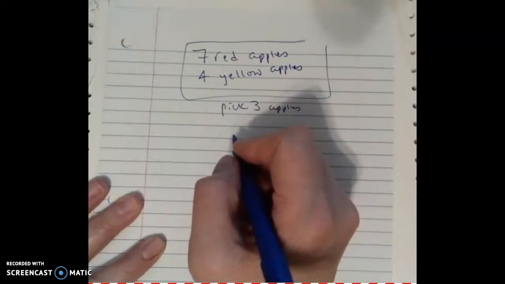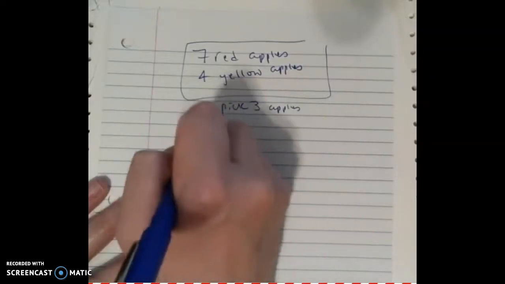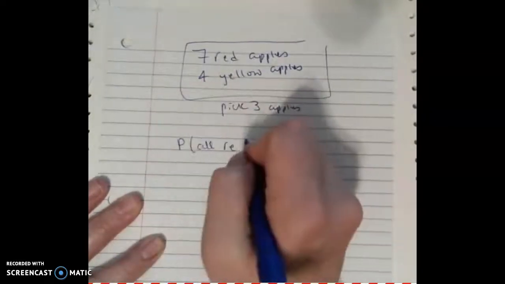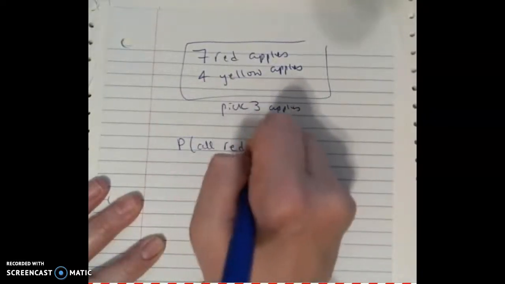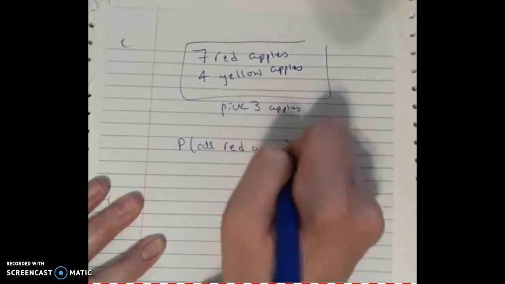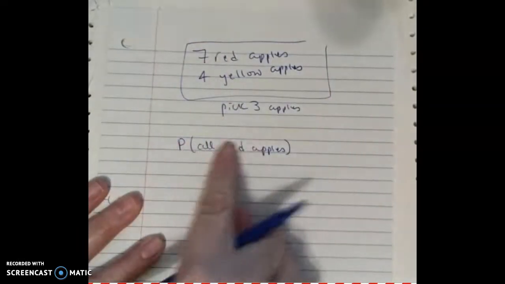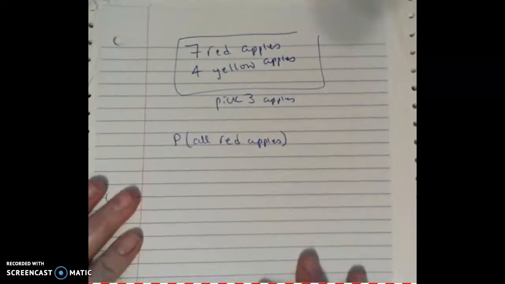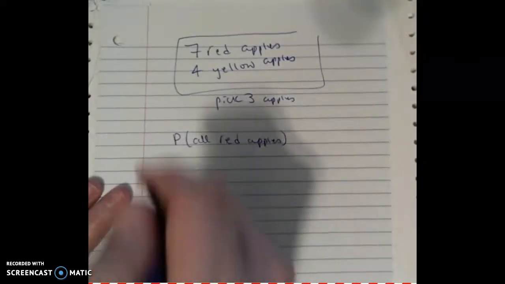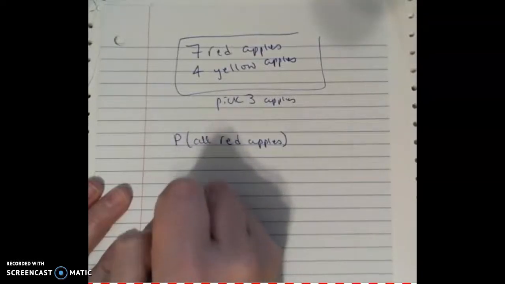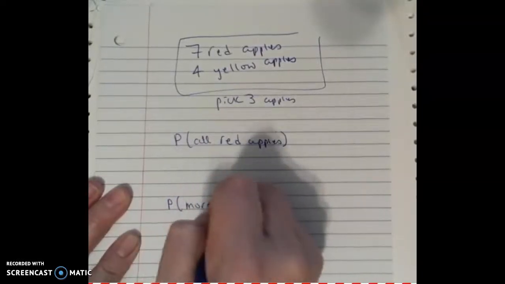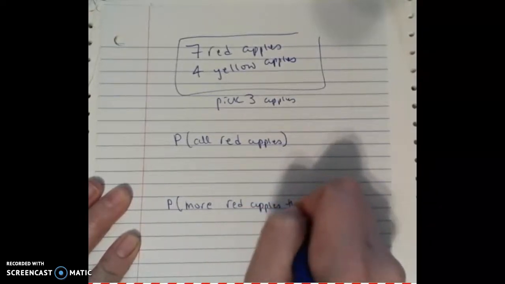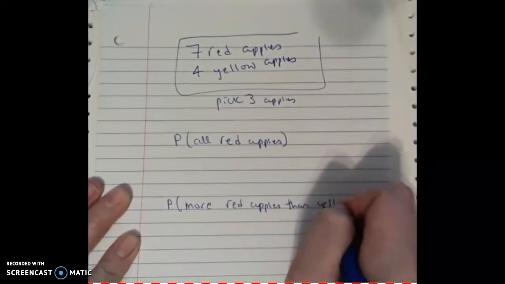All right, and this is what I want you to find. I want you to figure out the probability that when you close your eyes and you grab 3, you get all red apples. And then I want to figure out what is the probability that you get more red apples than yellow.